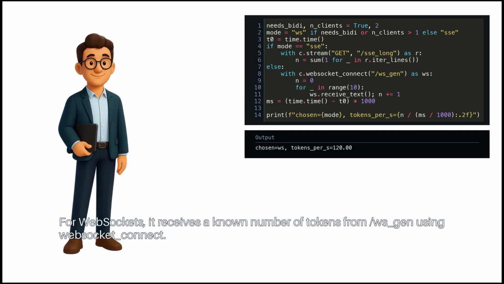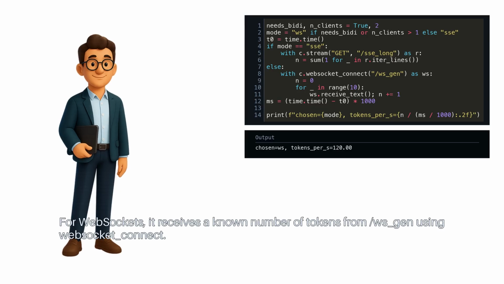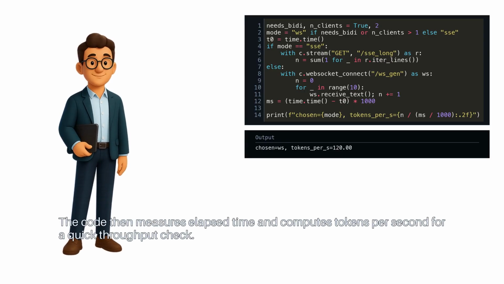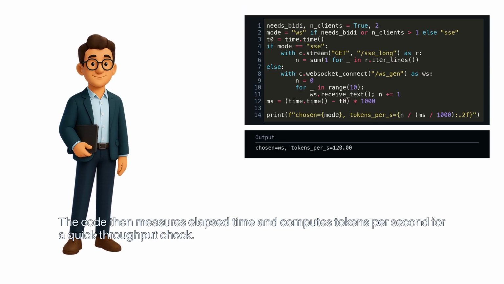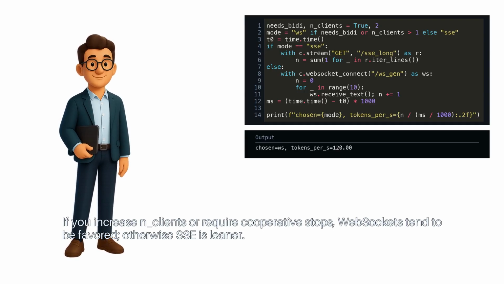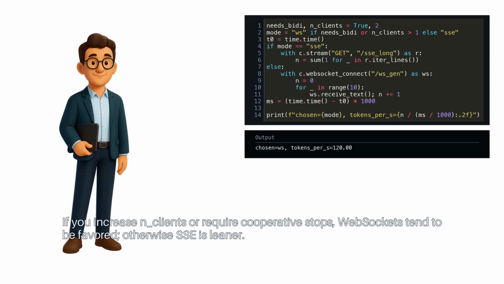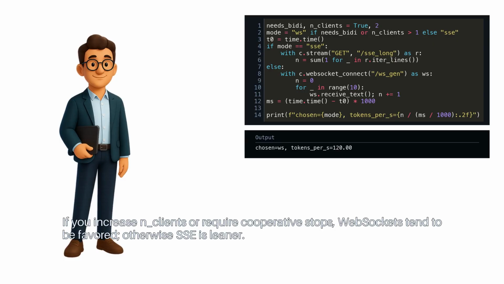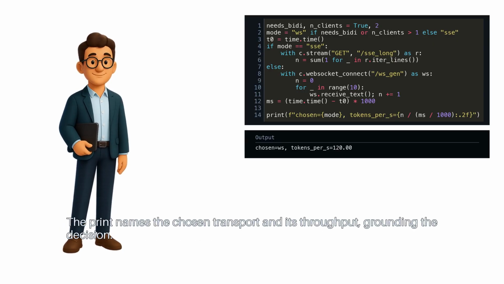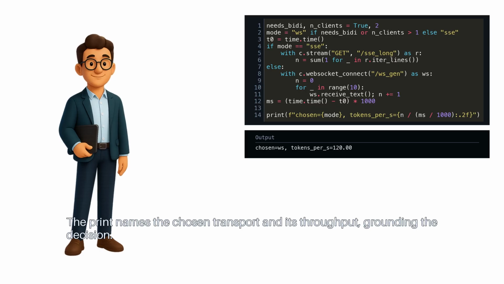For WebSockets, it receives a known number of tokens from /wsgen using websocket_connect. The code then measures elapsed time and computes tokens per second for a quick throughput check. If you increase clients or require cooperative stops, WebSockets tend to be favored. Otherwise, SSE is leaner. The print names the chosen transport and its throughput, grounding the decision.